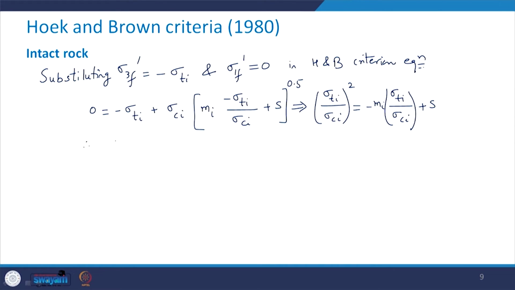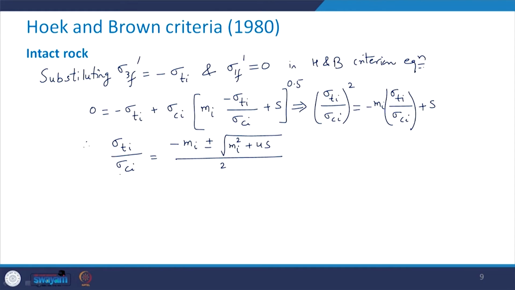Or if we try to get this ratio, we can write it as minus mi plus minus square root of mi square plus 4s, divided by 2.